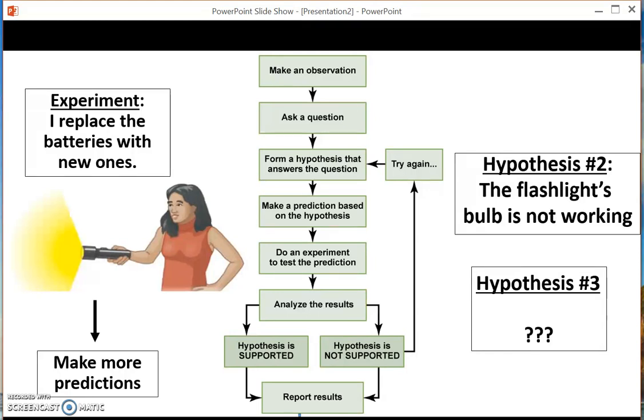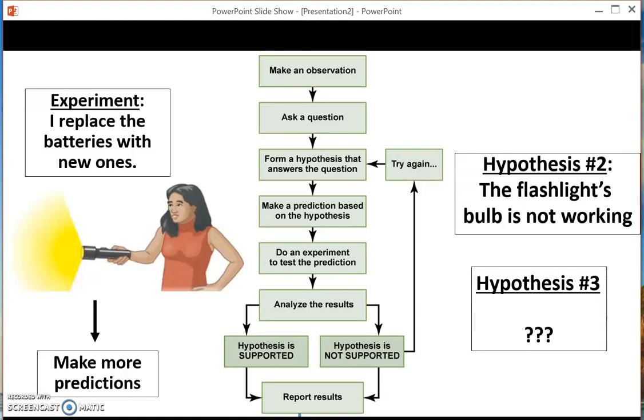And if you're doing this sort of hypothesis-driven science, you're going to be making more predictions based on the experimental results where your hypothesis is supported. And if you look on the right side here, okay, my initial hypothesis is not supported. And that's not good, that's not bad. It's just you guessed incorrectly about what could be an answer to your possible observation that's out there.